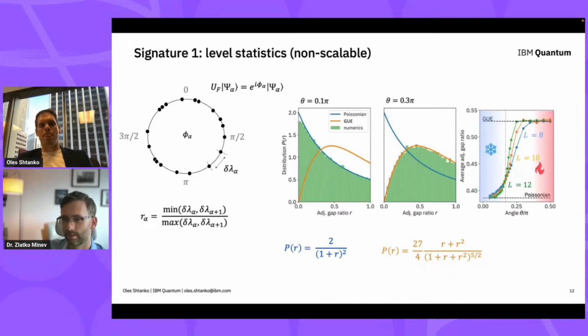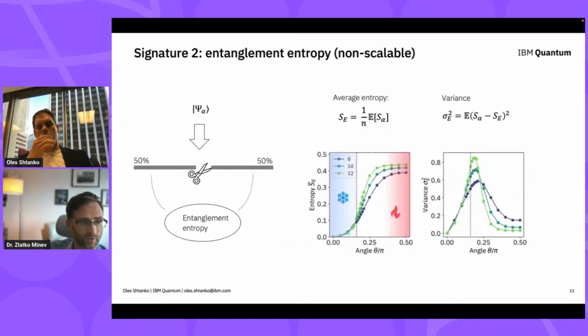Okay, great. And Vector, you had a couple of questions, but I think maybe we touched on them. Did you want to say anything else about the entanglement spectrum, Oles? Yeah, you can define a little bit of other signatures related to entanglement.